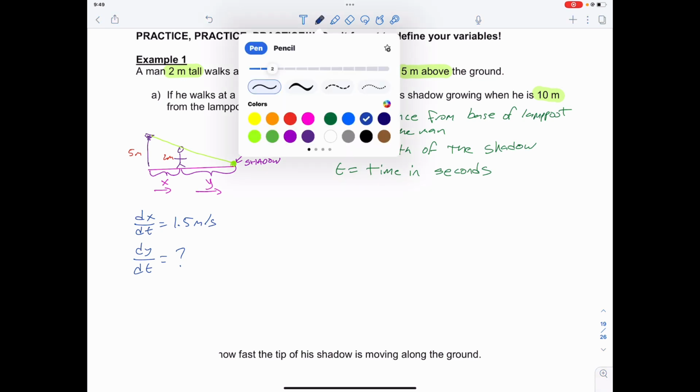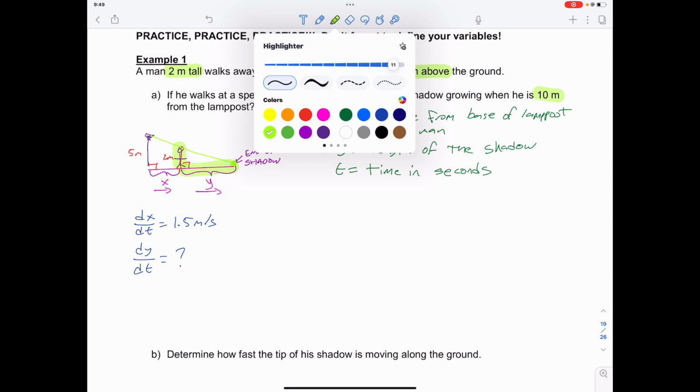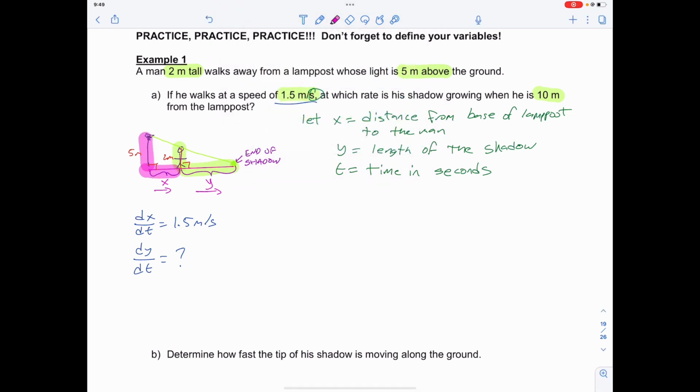Well, I have two related triangles here, and they're both right-angled triangles. Here's a right-angle triangle, and here's a right-angle triangle. And because this angle is staying the same, and we're stretching it out, then the relation between this and this has to be the same as the relation between this and this.